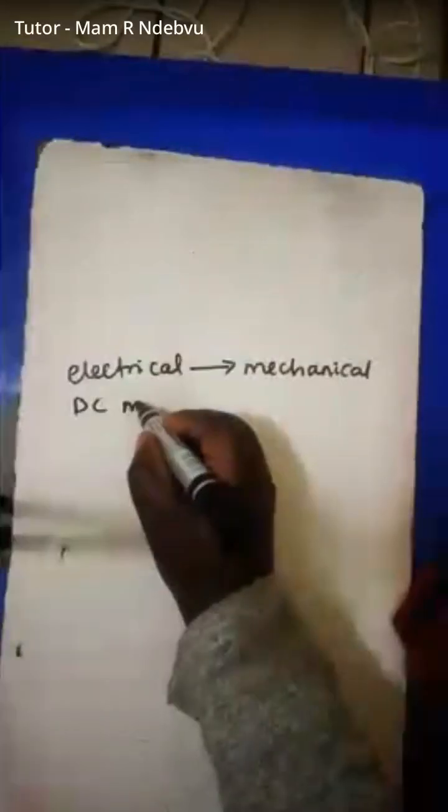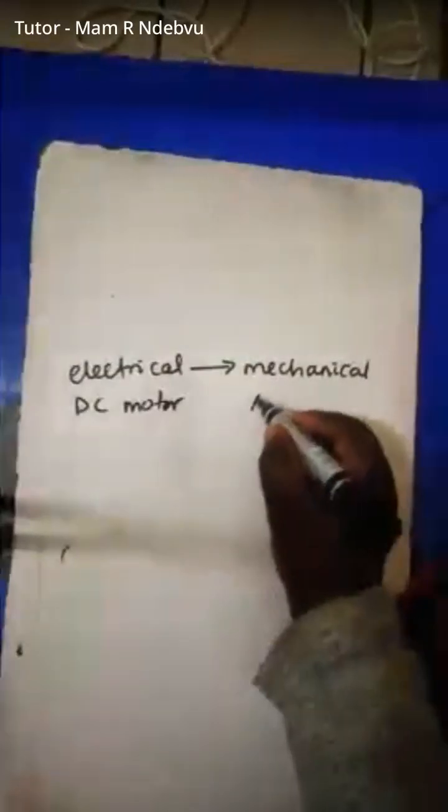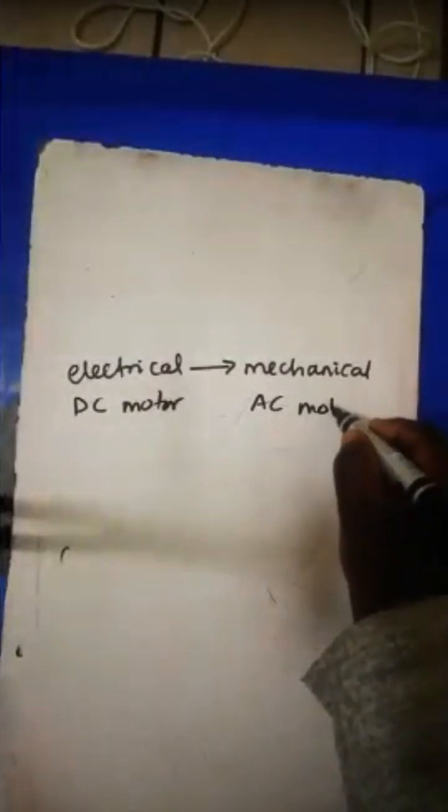Right. So I was saying, what is the essential difference between a DC motor and an AC motor? Remember, we can talk about a DC motor, then you compare it with an AC motor.